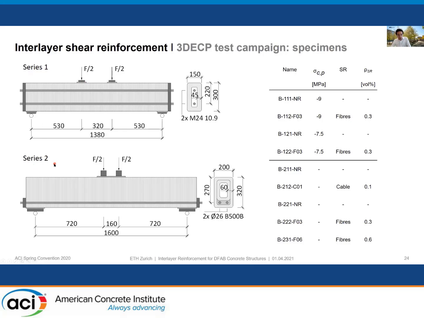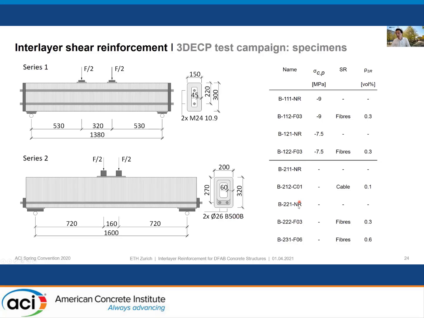It's more interesting, and I will focus in the next slides on series 2, which has 5 specimens with the same longitudinal reinforcement, 2 bars of diameter 26 of conventional reinforcement.